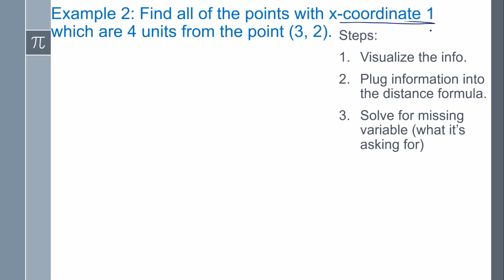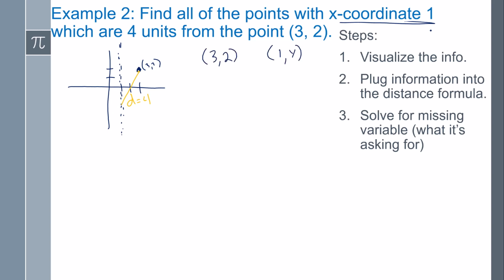Now what that means is I'm missing the y value. I have the x value, I'm missing the y value. So in visualizing it, I have this point 3, 2, and I have this imaginary line because I know the x-coordinate has to be 1, and it's going to be some value on that line that gives me the distance of 4.